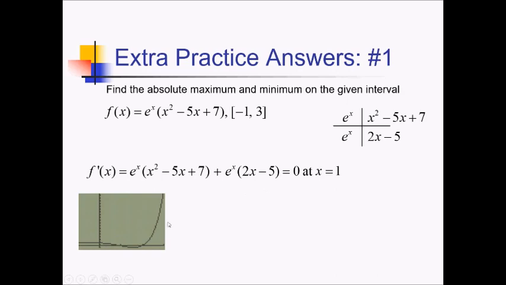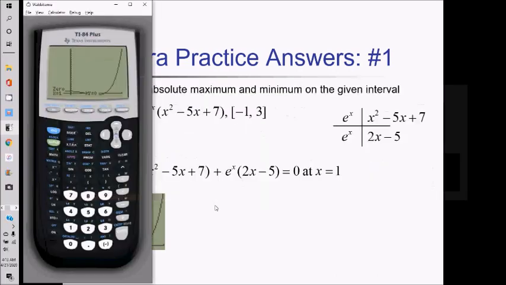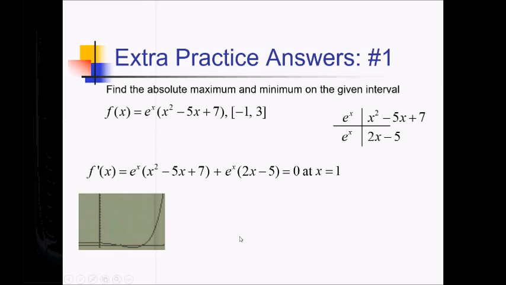The other one looks like 2, but let's just be sure. So let me do second trace again. Option 2. Move a little bit to the right now. Enter. Move a little bit further to the right. Move my spider above the axis. Enter. Enter one more time. And, yep, x equals 2 is the other one.